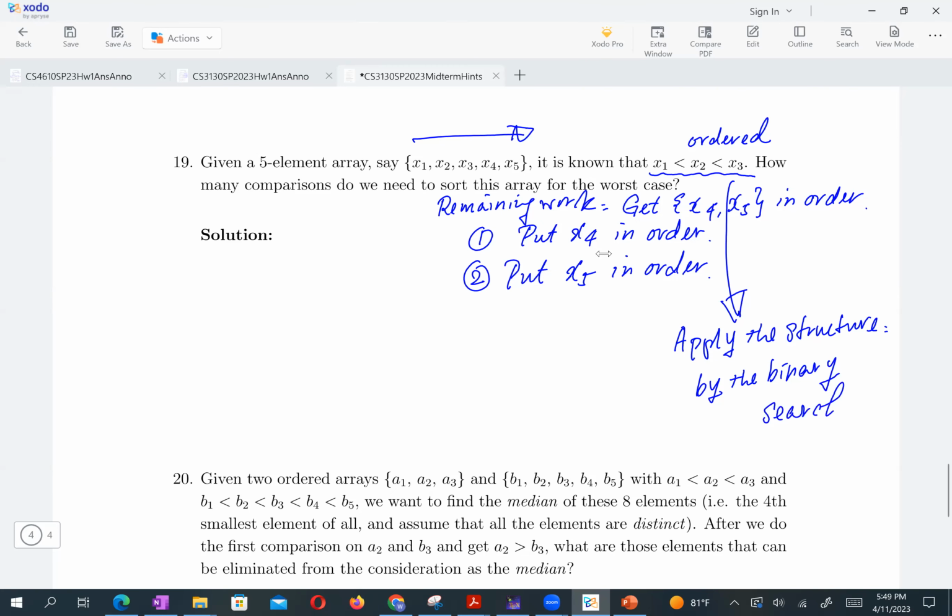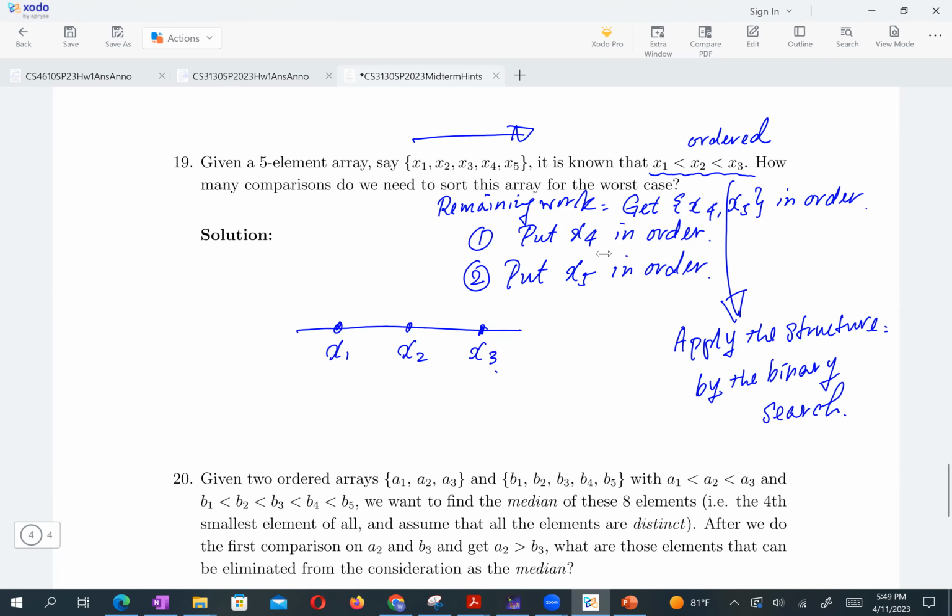You know the binary search, right? So here, x1, x2, x3 are already sorted.